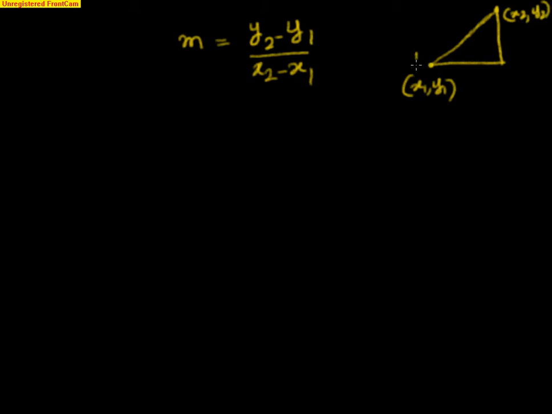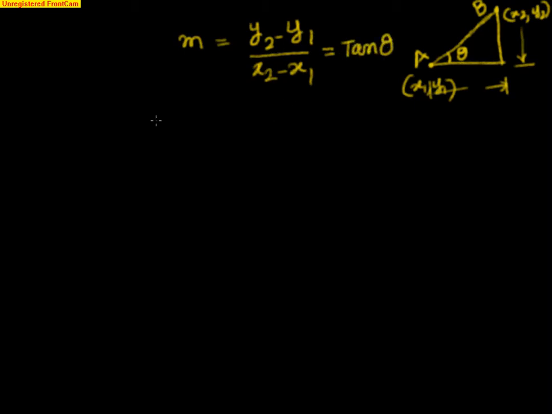Let's say this line is AB. We know that y2 minus y1, which is nothing but this distance, divided by x2 minus x1, that's nothing but this distance, or simply difference of y coordinates divided by difference of x coordinates gives me the slope. And if you know trigonometry, you can also call it the tangent of the angle, nothing but tan theta.